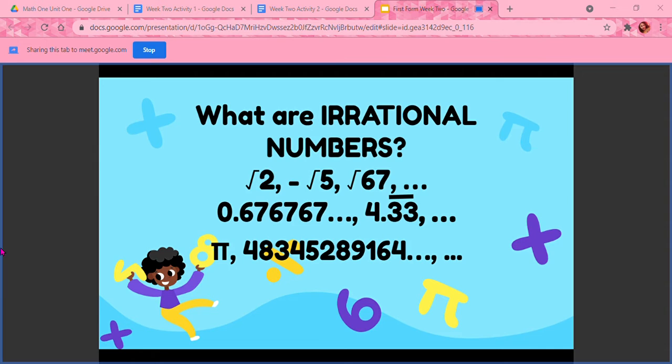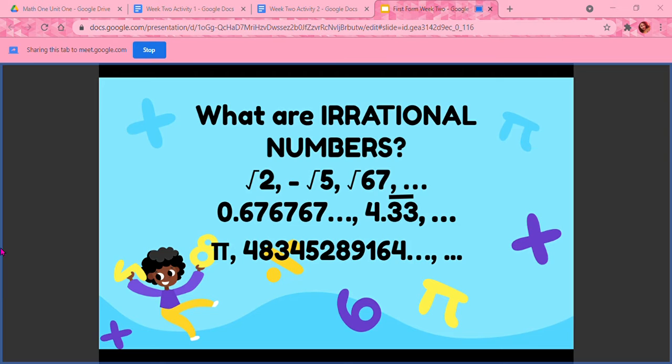There is an answer, and you do have a calculator. You go on Google and you put square root of 2. It's going to give you a big decimal. So it is an irrational number because the answer that I get is a decimal that I cannot write as a fraction. And the same thing with 5.